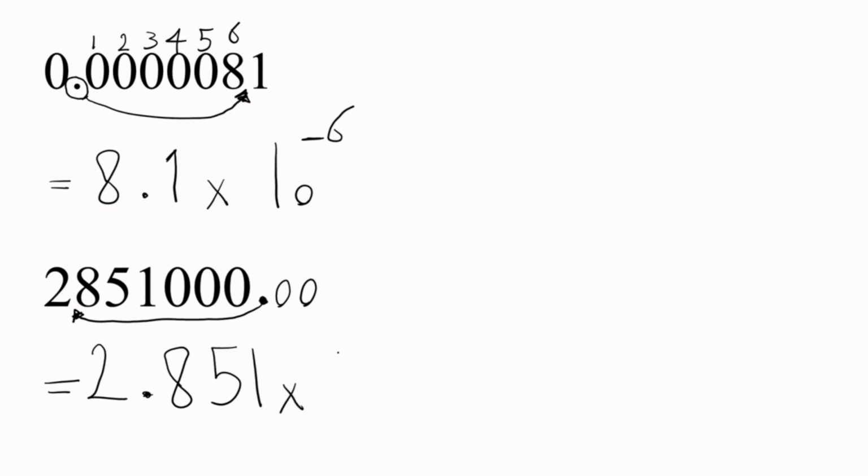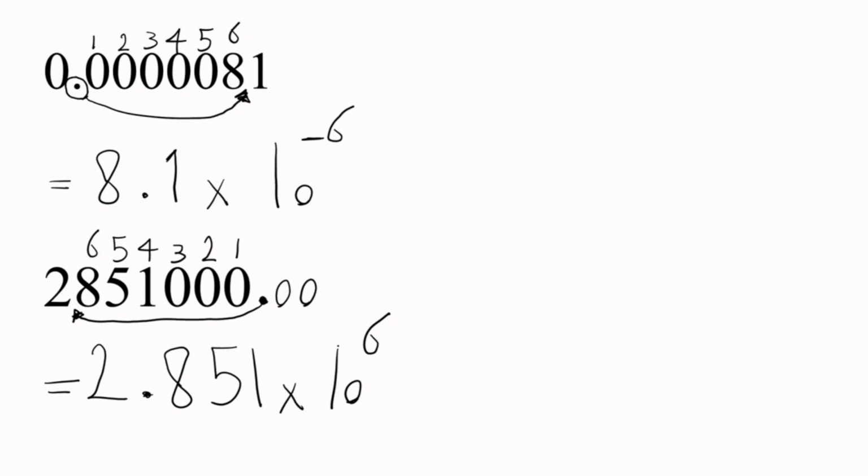Okay, I must multiply it by 10 to the power of something. What is something? For how many digits did I move the decimal? Let's check with each other. 1, 2, 3, 4, 5, 6. So it is going to be 10 to the power of 6.